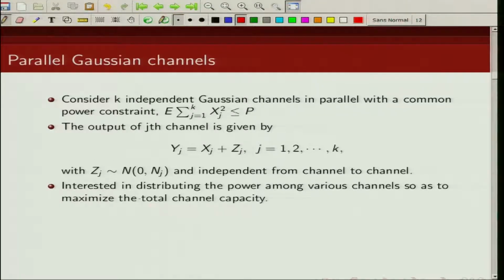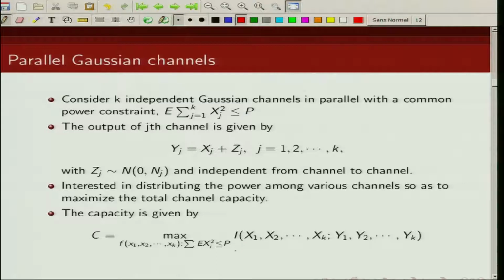Now, we are interested in finding the power distribution among the various channels such that our channel capacity is maximized. We have a common power constraint which is given by this. How should we allocate power to x1, x2, x3, xk such that we maximize our channel capacity? This is the problem we are looking at.